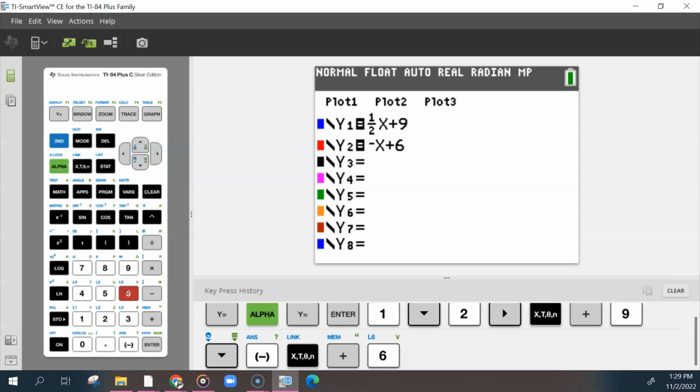Anyone else need help getting those equations in? Yes, which step are you at? Alpha y equals, just y equals. Alpha y equals to get your fraction.